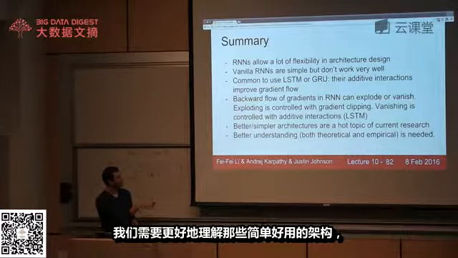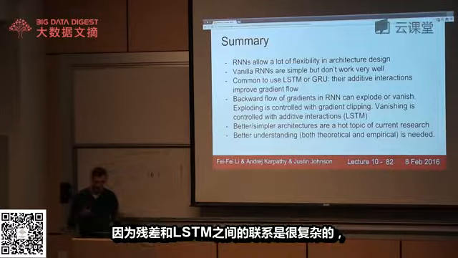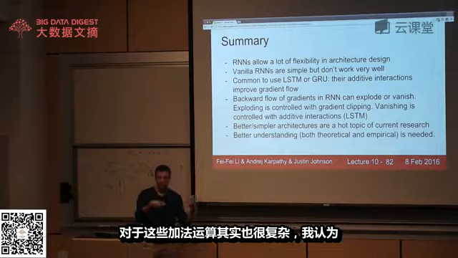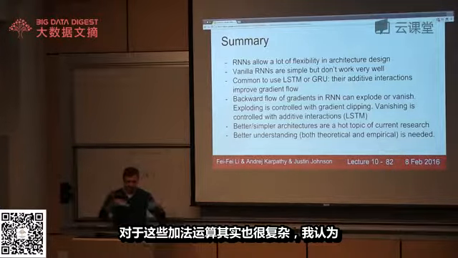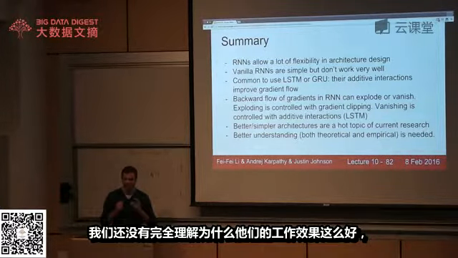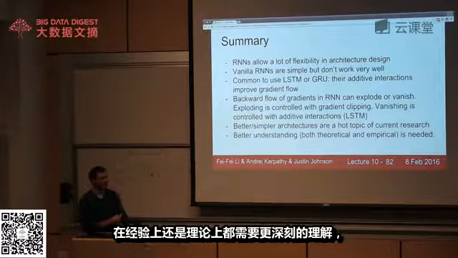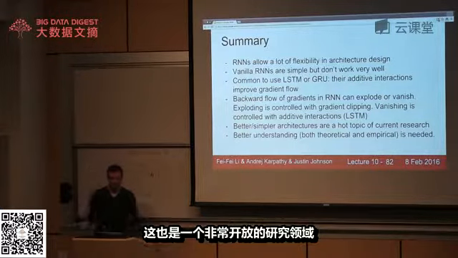And I would say that better, simpler architectures are really about trying to understand how come, like there's something deeper going on with the connection between ResNets and LSTMs, and there's something deeper about these additive interactions that I think we're not fully understanding yet, and exactly why that works so well, and which parts of it work well. So I think we need much better understanding, both theoretical and empirical, in this space, and it's a very wide open area of research.